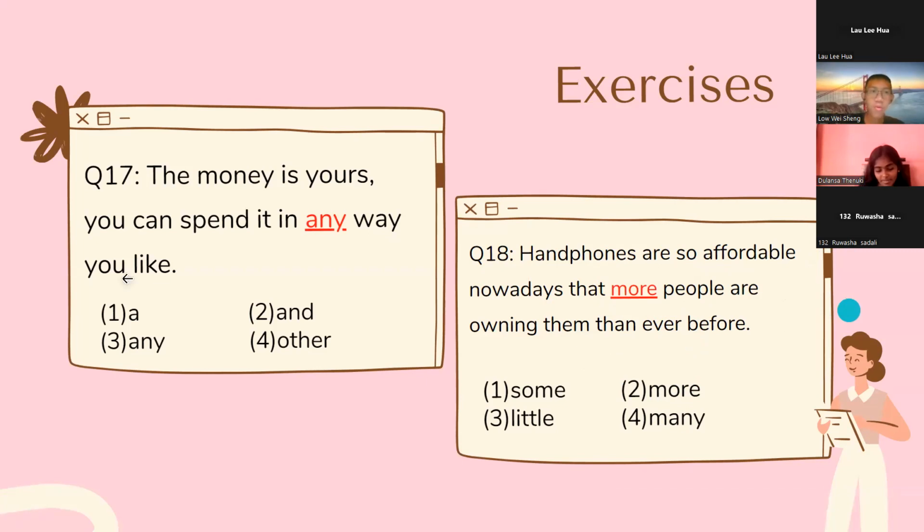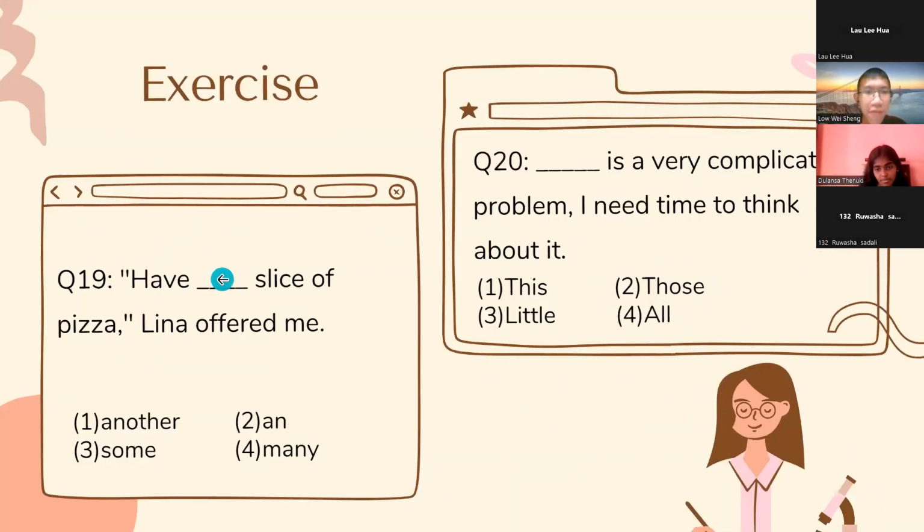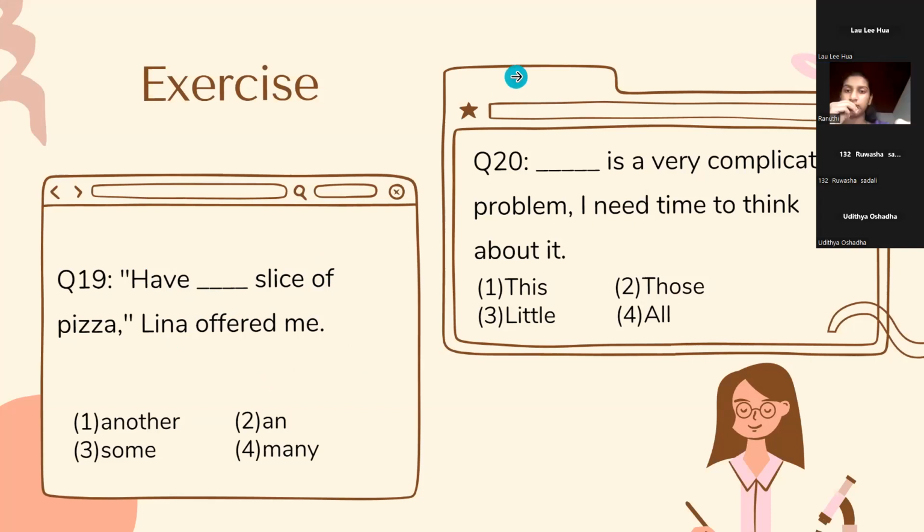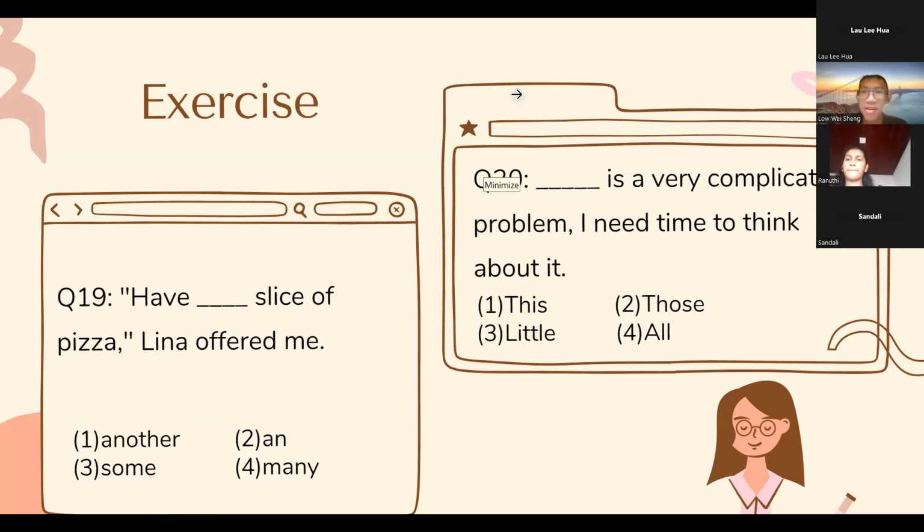Okay. Question 19. Have slice of pizza Lina offered me. Another. Okay, the answer is another. So a lot of people choose another. Any other responses? Here's some.